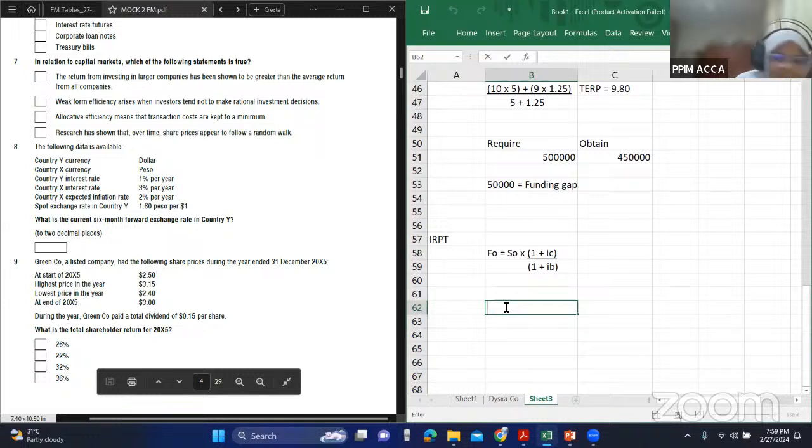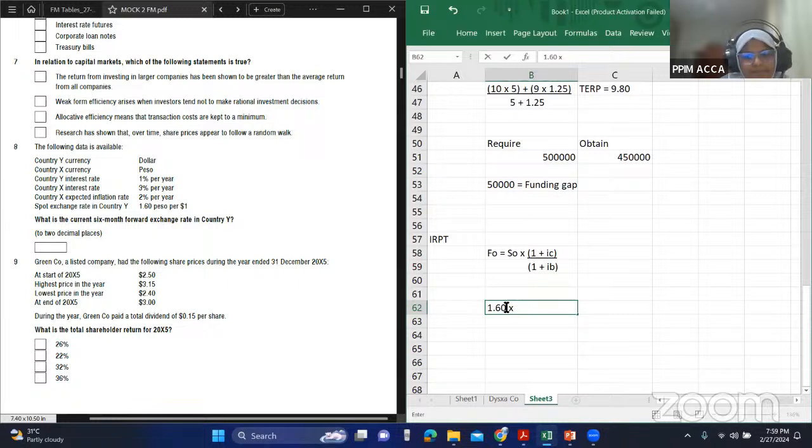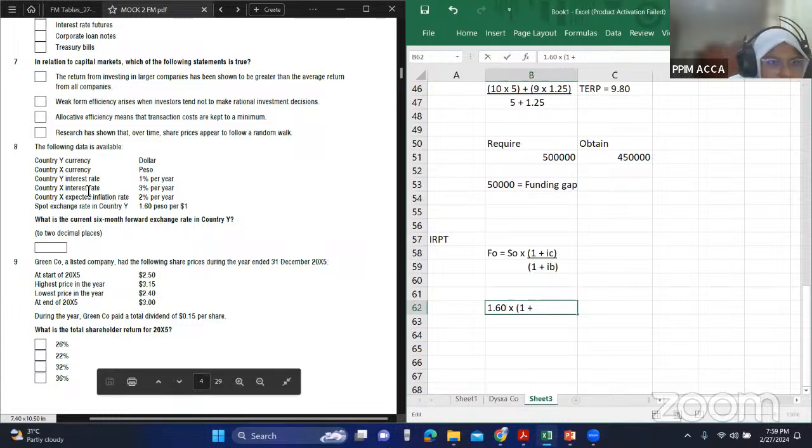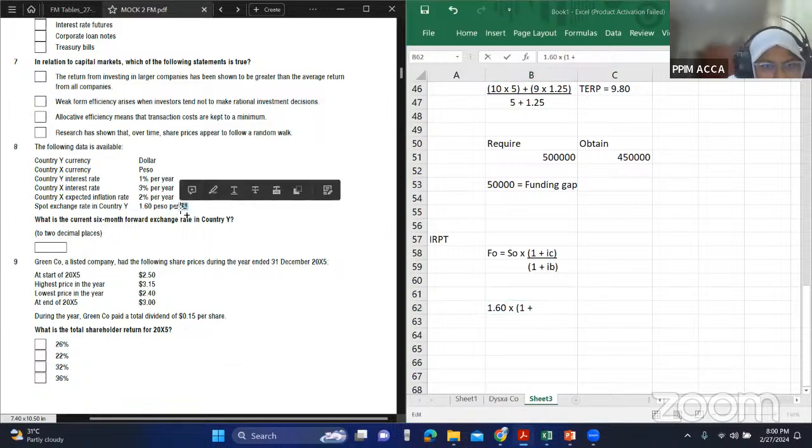The spot rate they're telling you is 1.6. So that multiplied by 1 plus the interest of the counter currency. Now if you look at the spot rate, they're giving it per $1, right? That means the base is the dollar.